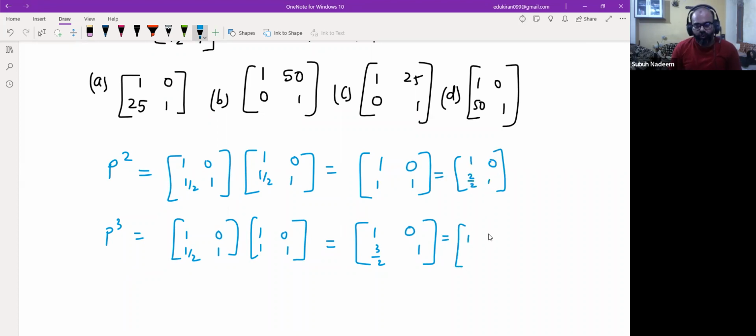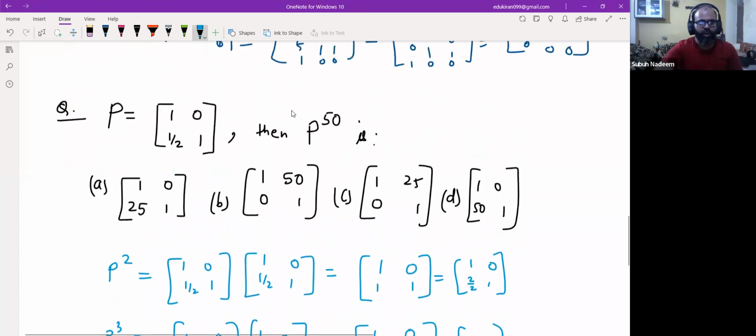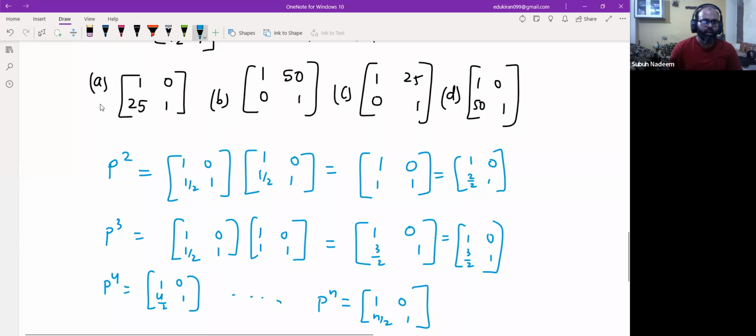P cube is 1 0 3 by 2 1. So P4 will be of course 1 0 4 by 2 1. So in this pattern, Pn is equal to 1 0 n by 2 1. So if we talk about P to the power 50, 50 by 2, that is 25. So the option is A. That is fine.